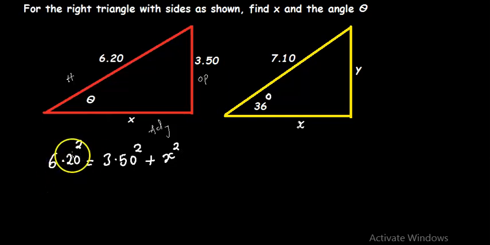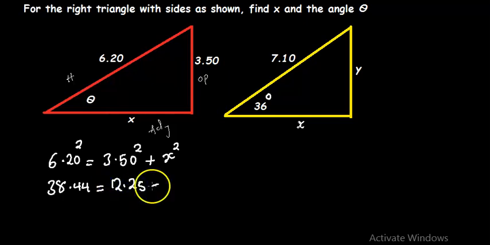6.20 to the power of 2 is simply going to be 38.44. And 3.50 to the power of 2 is simply going to be 12.25. X to the power of 2 is still x to the power of 2. Now, the next thing we need to do is to isolate x squared by subtracting 12.25 from both sides.